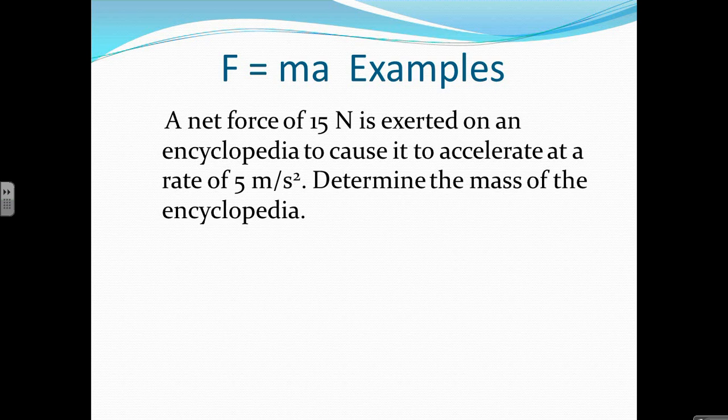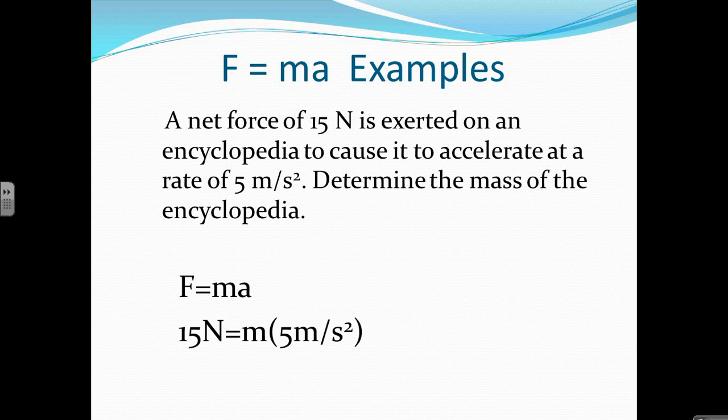Let's try a couple of examples of problems using these ideas. The first one says that there's a net force of 15 newtons acting on an encyclopedia, causing it to accelerate at a rate of 5 meters per second squared. We want to know what the mass of the encyclopedia is. So we use the equation force equals mass times acceleration.